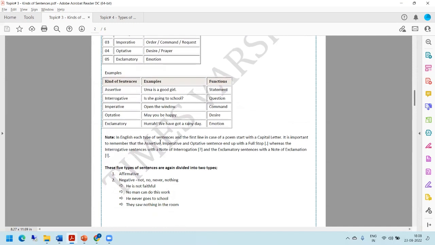So in English, each type of sentence, and the first line in case of a poem, starts with a capital letter, like we discussed yesterday. It is important to remember that the assertive, imperative, and optative sentences end with a full stop.